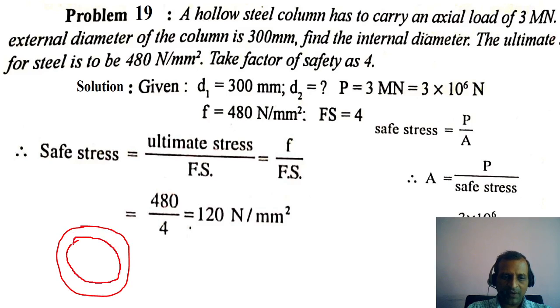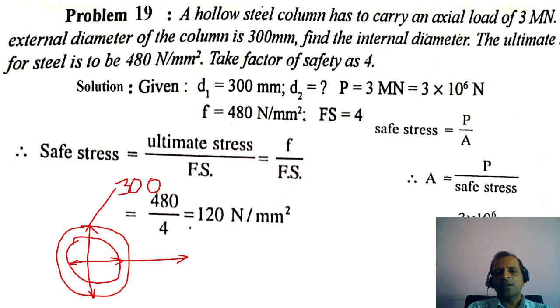It has the outer diameter, or the external diameter, this, and the internal diameter is this. The external diameter is given in the problem, this is 300 mm, and he is asking for the internal diameter, right?